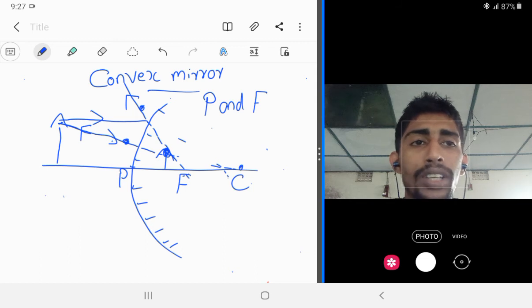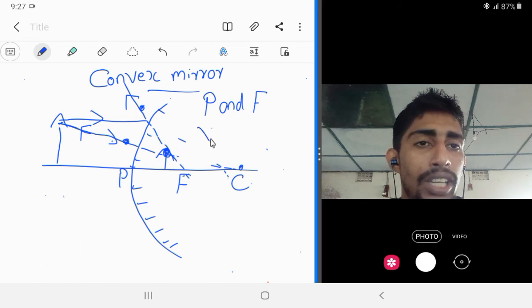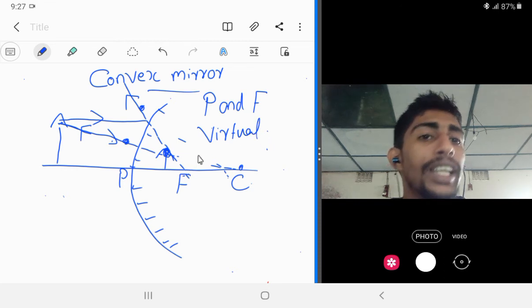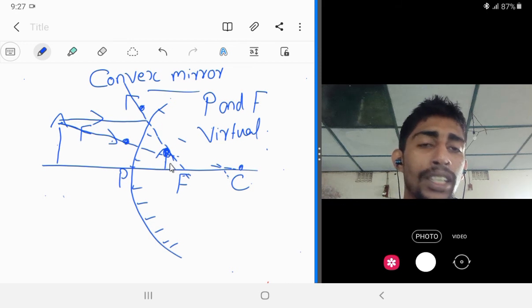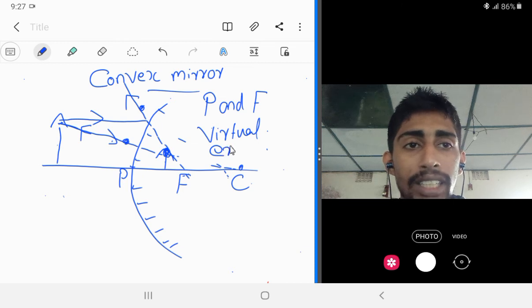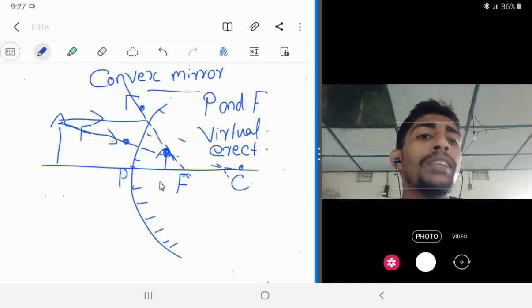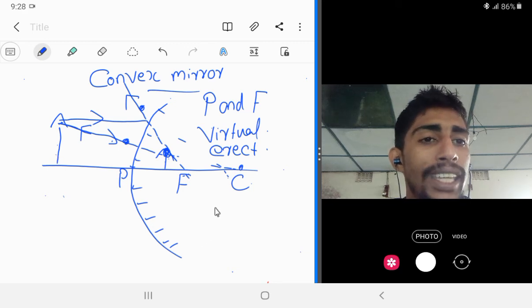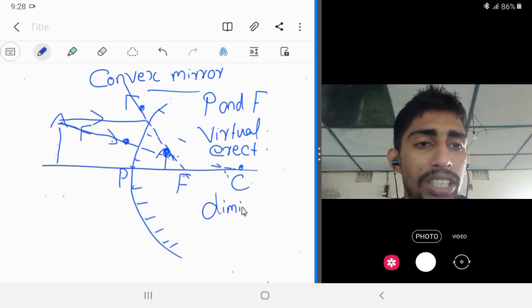Then second, is it a real or virtual image? Obviously it is virtual. Then third, what about the orientation? Is it erect or inverted? Both the object and image are in the same direction, so it is erect. Then what about the size? The image is smaller than the object, so we can say that the image is diminished.